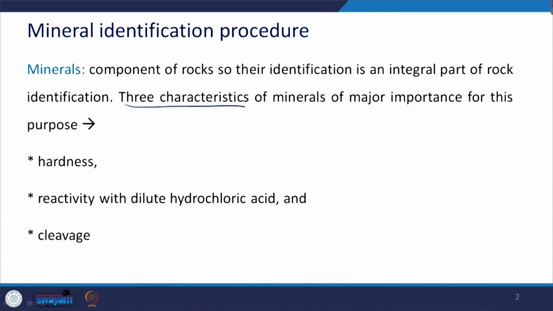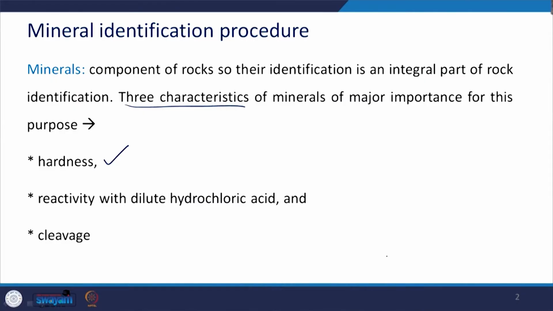So there are basically three characteristics of the minerals of major importance which are used for mineral identification purpose. These include hardness, then reactivity with dilute hydrochloric acid, and cleavage. So let us see them one by one.